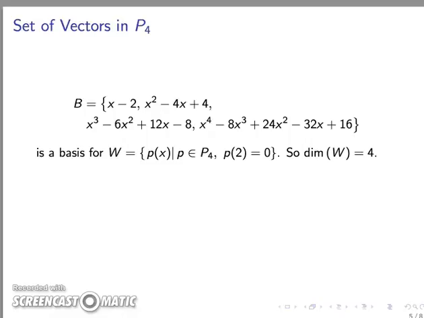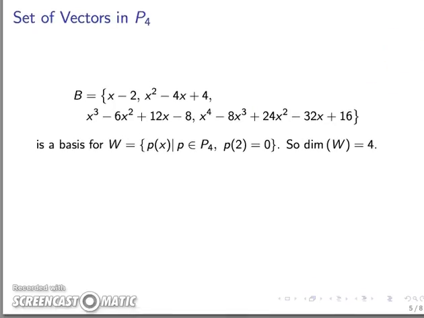So let's now turn our attention to the vector space P sub 4. These are polynomials of degree 4, which in general will be described as something that looks like a x^4 + b x^3 + c x^2 + d x + e, right?